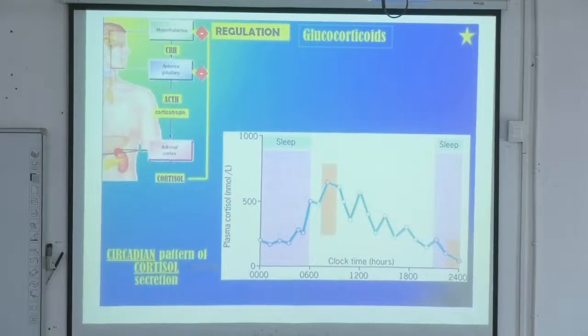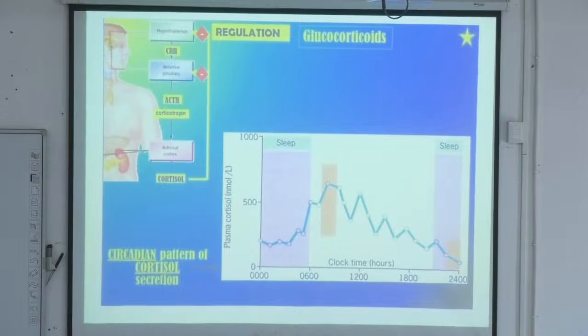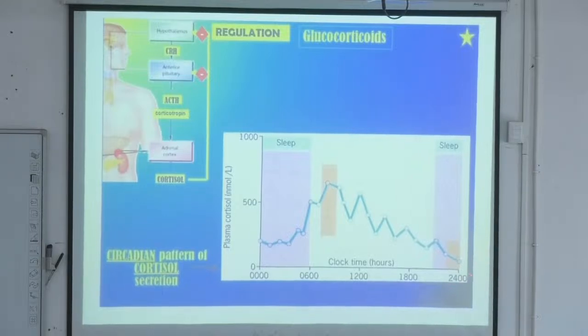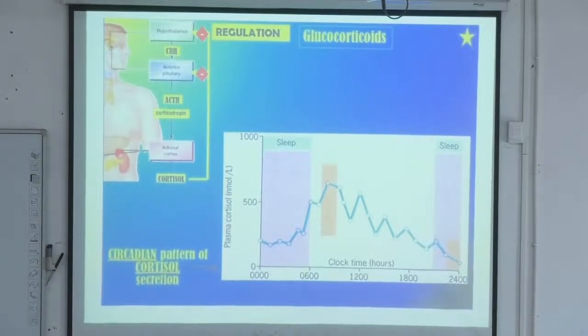As the day progresses, cortisol level comes down, and when you go to sleep, it goes further down. At midnight, it will go to its lowest level and maintain that level for some time, and again when the waking time comes, it will go up. This is the classical circadian rhythm of cortisol hormone.